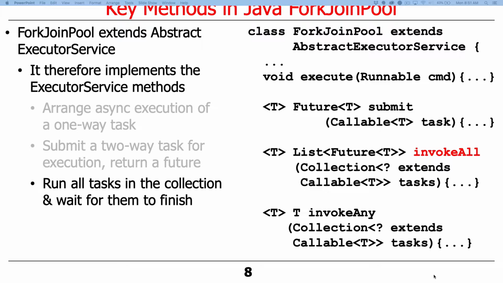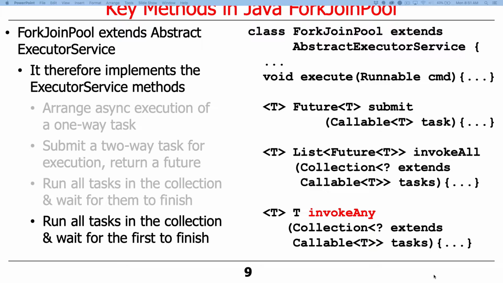One is called invokeAll, and it takes a collection of two-way Callable tasks, runs them, waits for them to finish, and gives back all the results if they finish correctly. The final method is invokeAny, which takes a collection of tasks, has them all run, waits for the first one to finish, and cancels all the other ones that haven't finished. So it's just trying to get one result back.